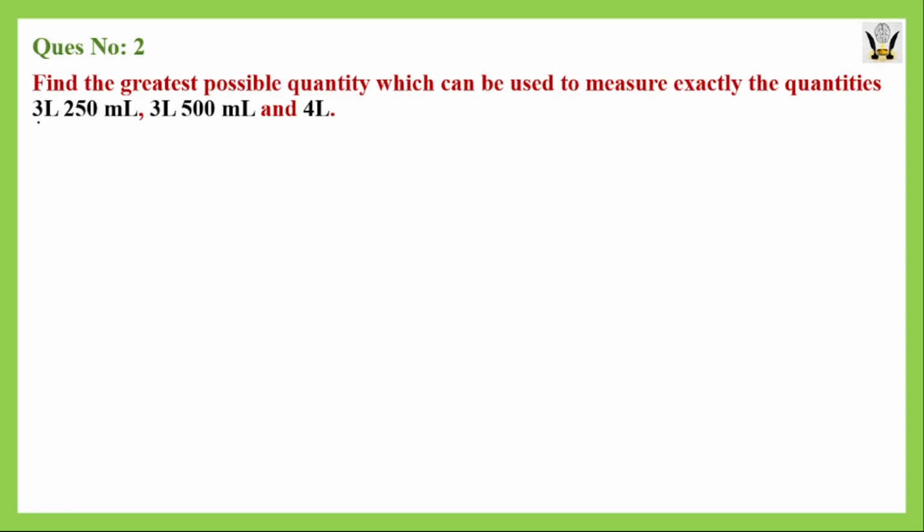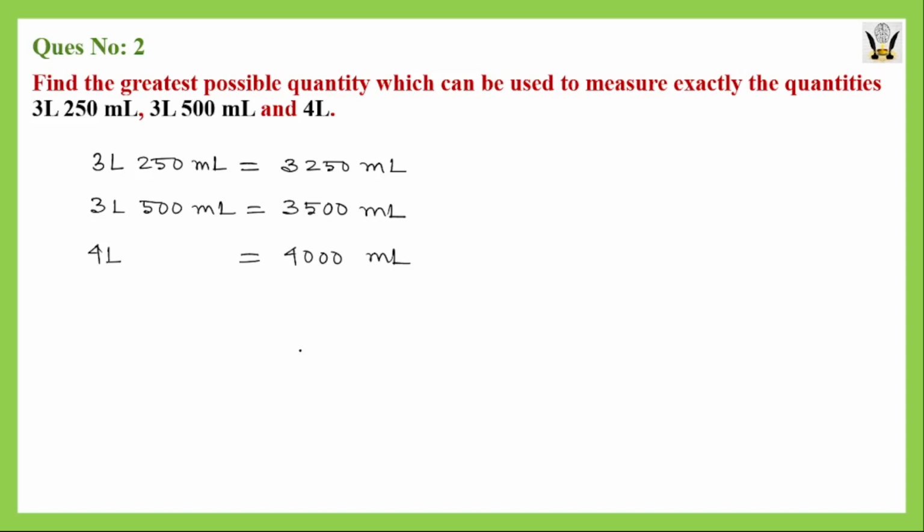So 3 will be multiplied by 1000, that will become 3000 milliliter, and with that we will add 250 milliliter. So finally this will be 3000 plus 250, 3250 milliliter.